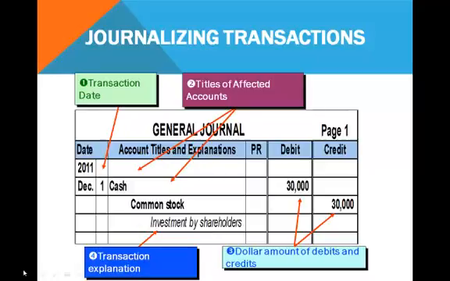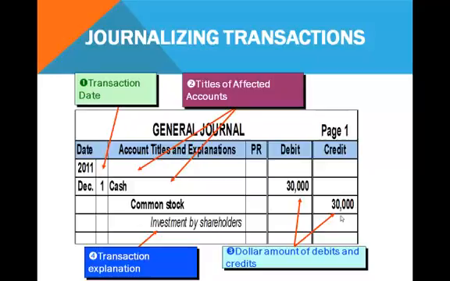Part 3 is the dollar amount. The dollar amount is placed in the appropriate column for debit or credit. In this case, the cash account was debited for $30,000. That's an increase of an asset known as cash, and we place that amount in the debit column. We recorded the existence of the common stock by the $30,000 credit in the credit column.